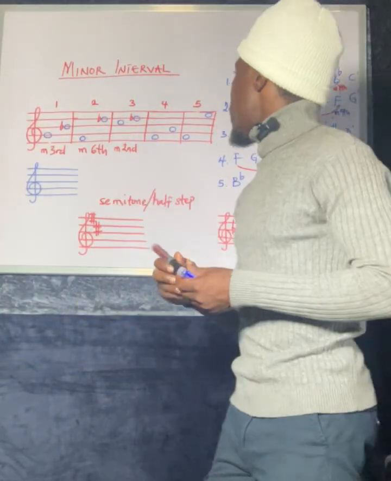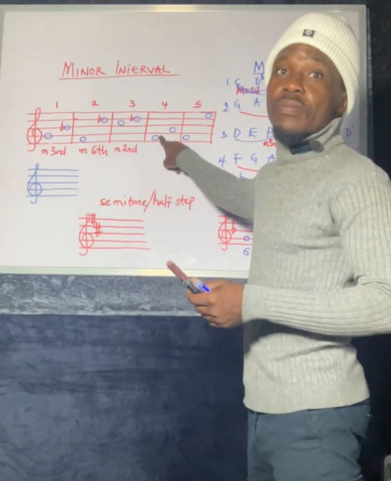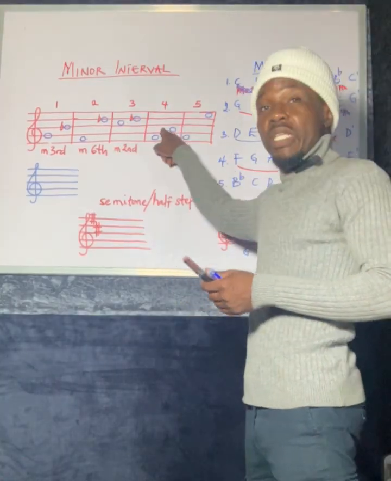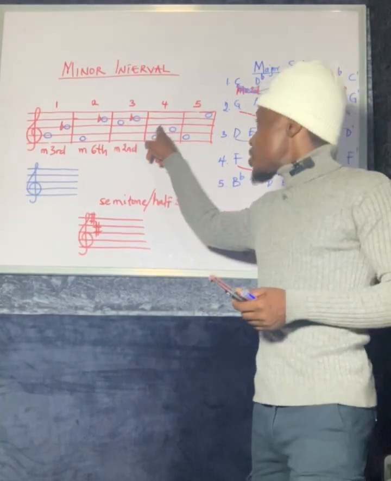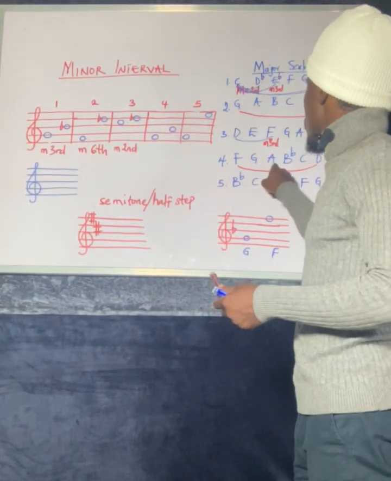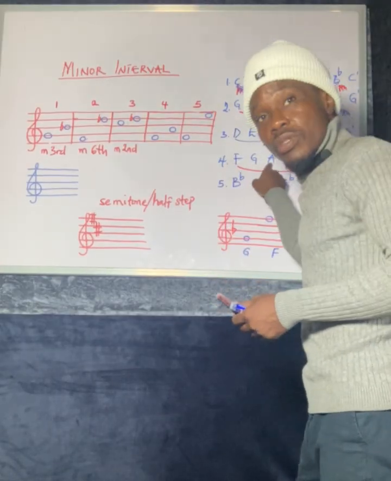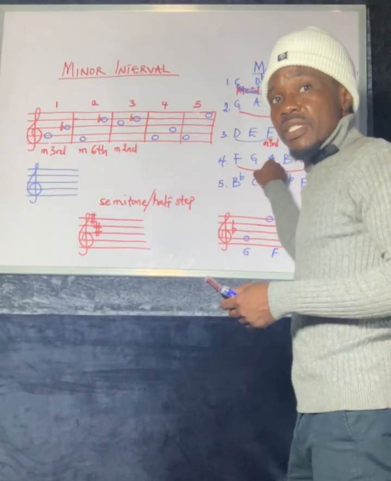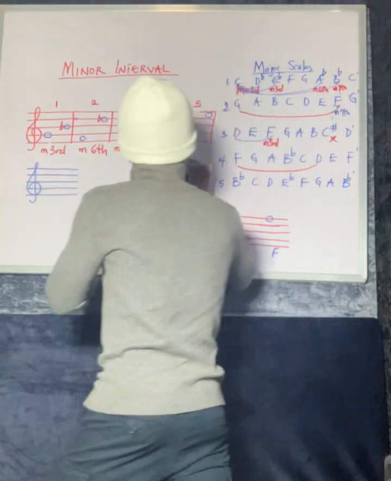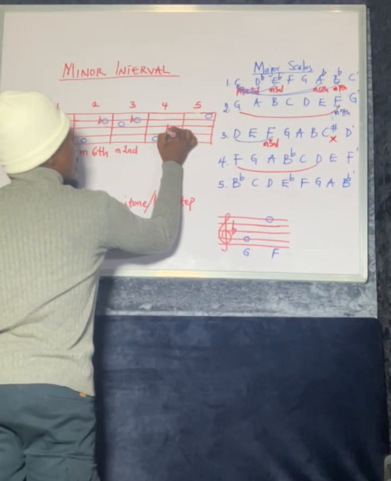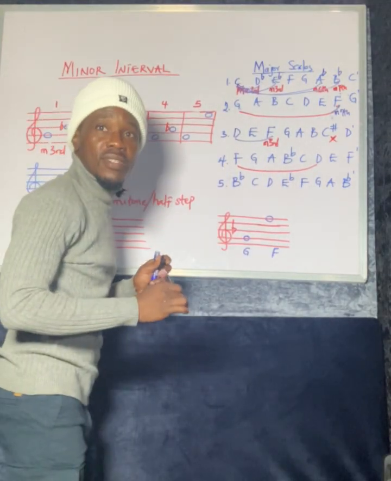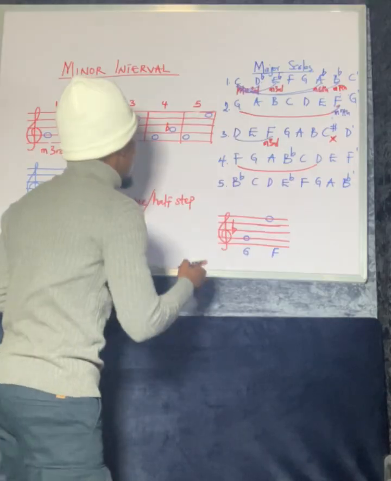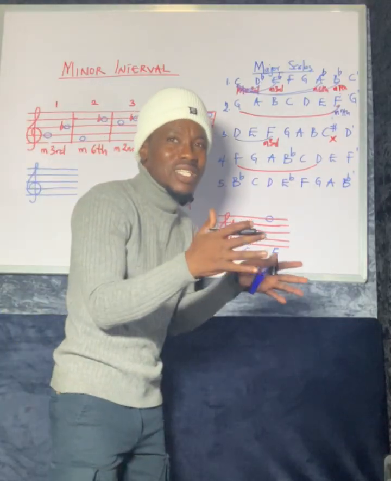Interval number 4, we have F space 1 to space 3. Space 3 is A. So F to A. First note to the third note in the scale of F major is a major third. But here I reduce A, therefore reducing the space between them.